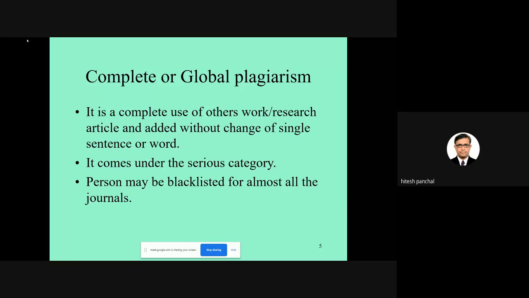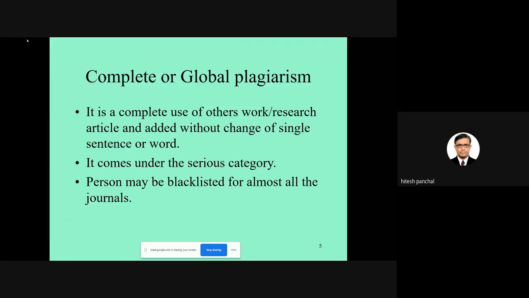Suppose one research article has been published in so and so journal. You use the same article, the same words, and only in place of his or her name, you add your name. That is called complete or global plagiarism.